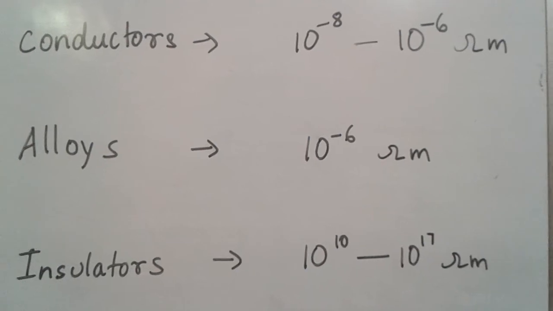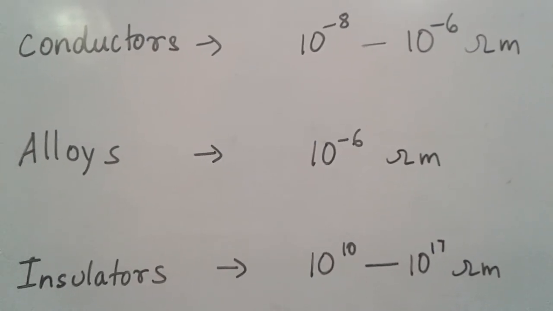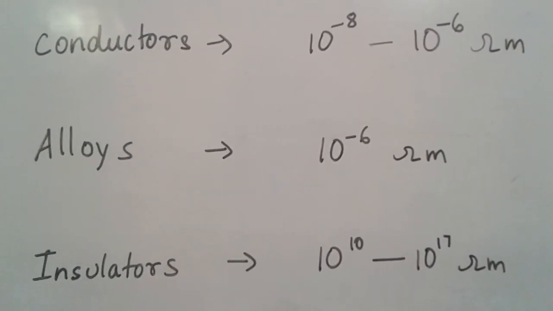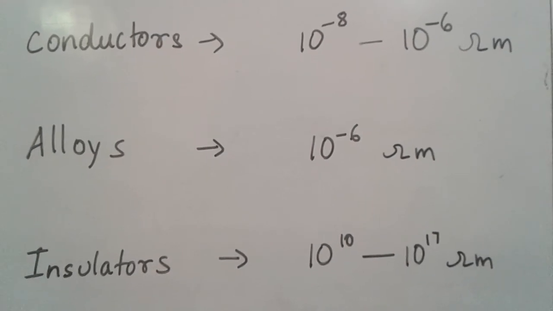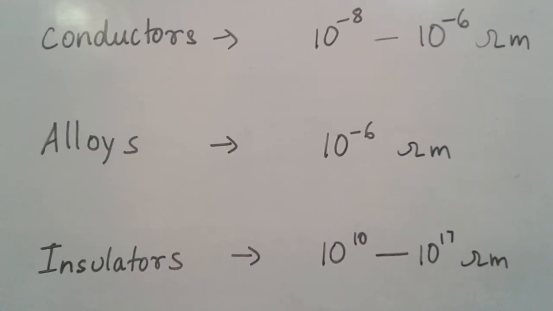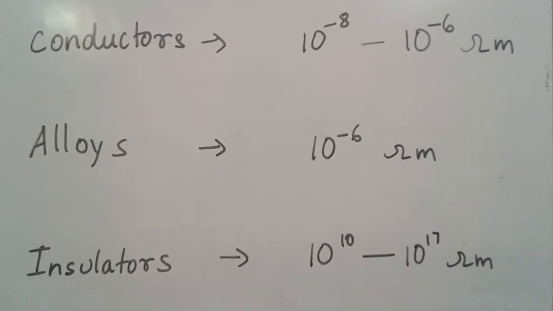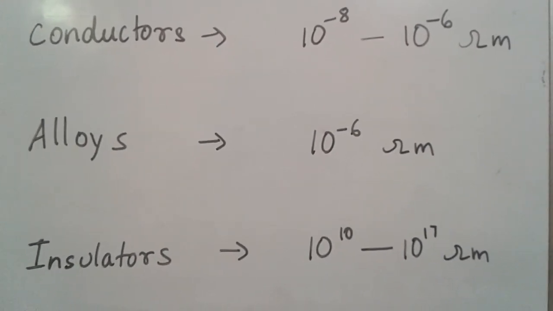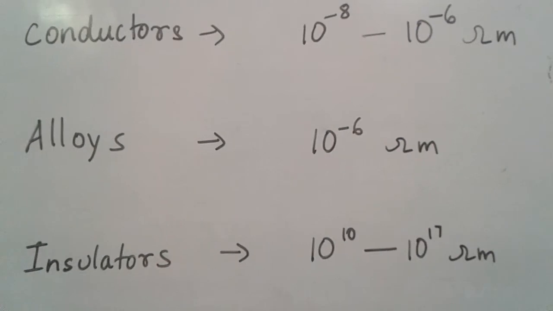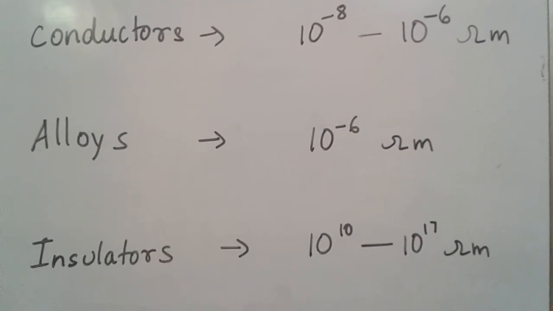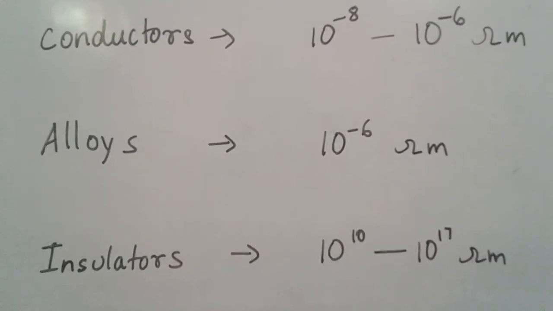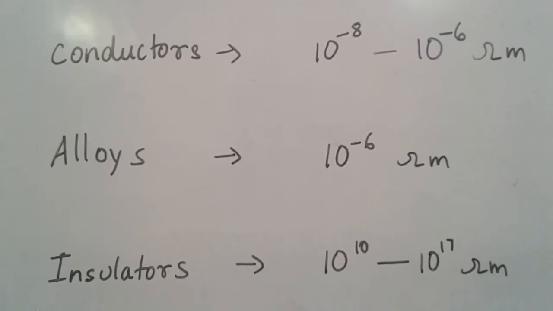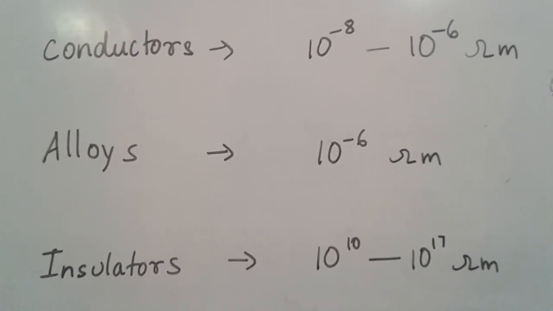Because of this, insulators do not allow electric current to flow through them, as they have a very high resistivity. Whereas alloys have moderate, and conductors have very low resistivity, because of which they are considered very good conductors of electricity.